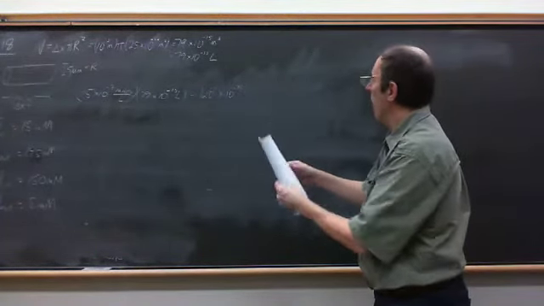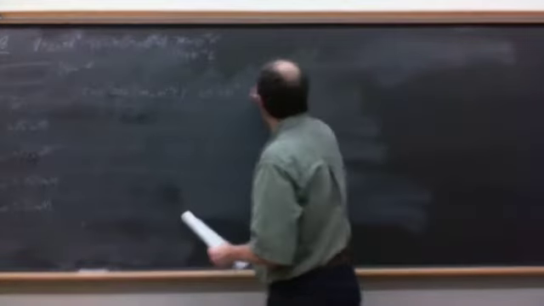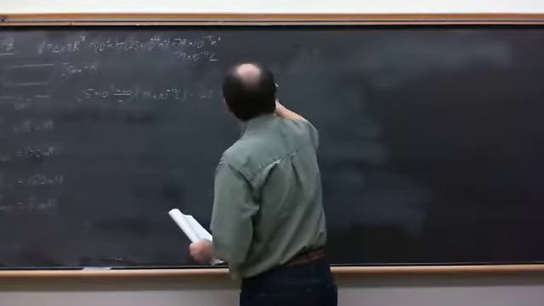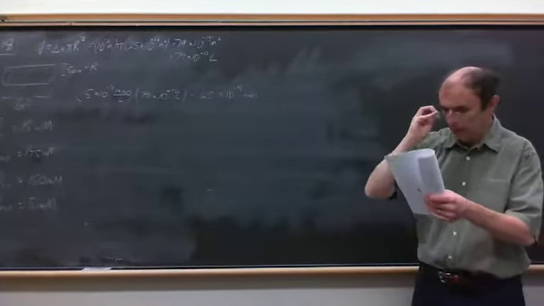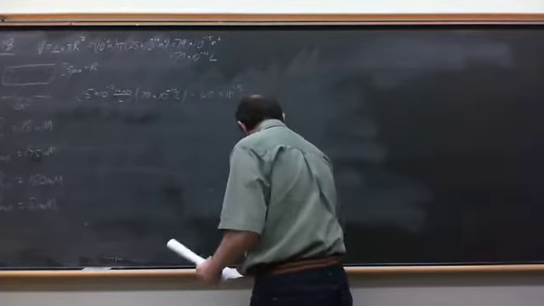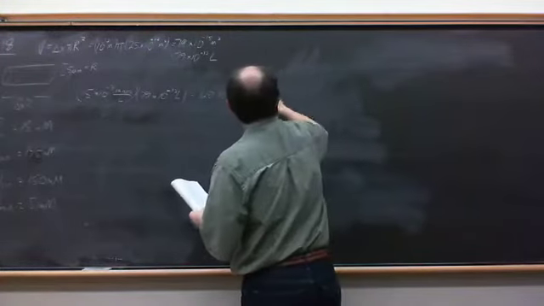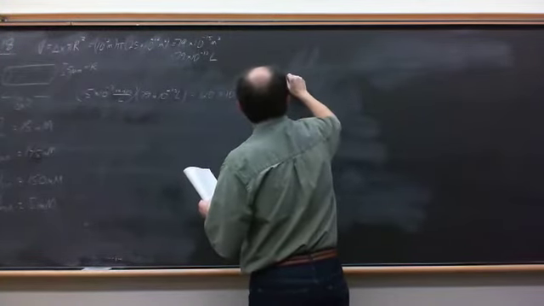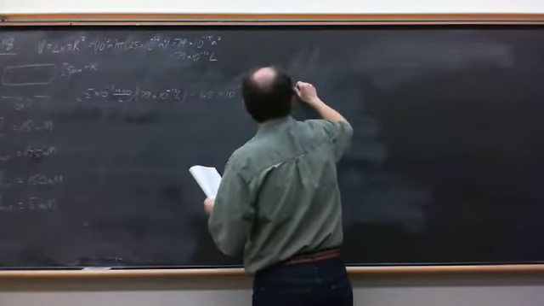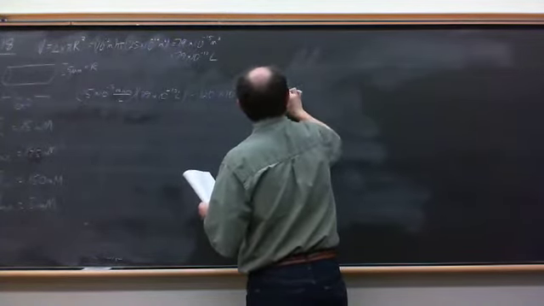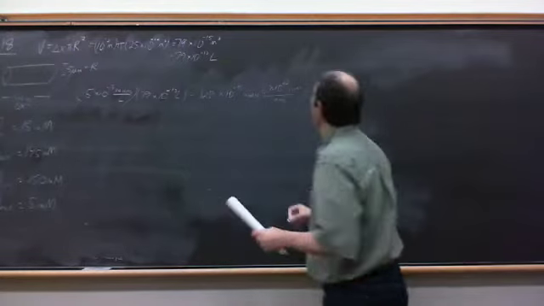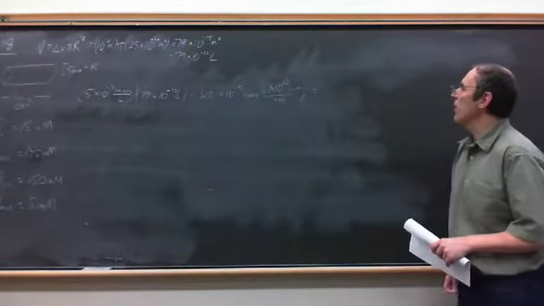I need to multiply its moles, and they wanted to know the number of molecules. So I got to convert using Avogadro's number: 6 times 10 to the 23 molecules, or ions, I should write in this case, per mole. And so I get 23 minus 15.